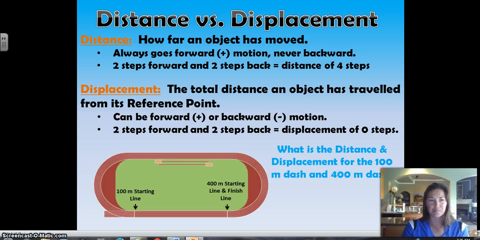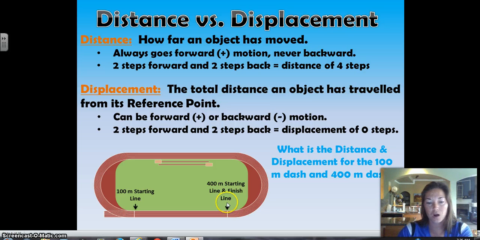Here's another example of distance versus displacement. We have a track, and there's 2 races on the track. There's the 100-meter dash, where you start here at the starting line, and you sprint 1 length of the track, and you end here at the finish line. So during the 100-meter dash, what is the distance traveled, and what is the displacement traveled?